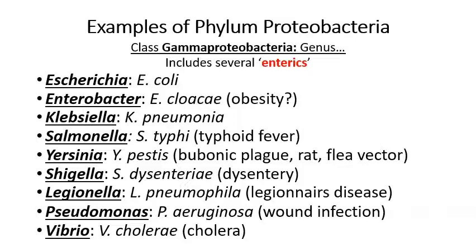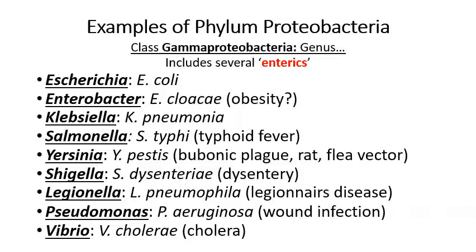If it gets into the wrong place, if it manages to get its way into the lymphatic system, remember the lymph is the parallel network of tubes that run around the body, and the lymphatic system has lymph nodes. If Yersinia manages to get from the intestine into your lymphatic system, it will cause the bubonic plague.